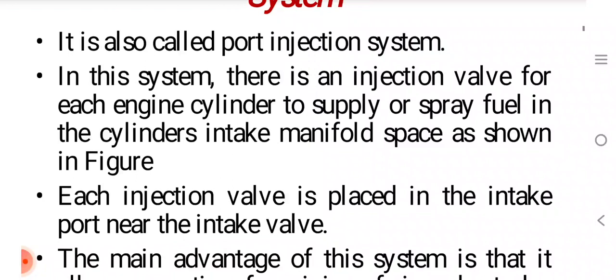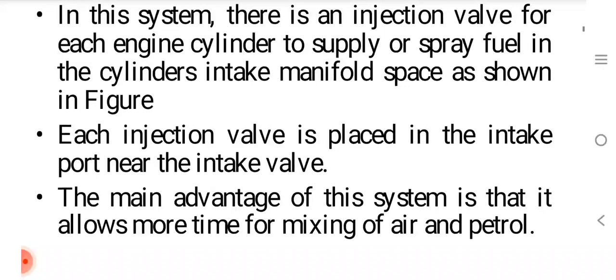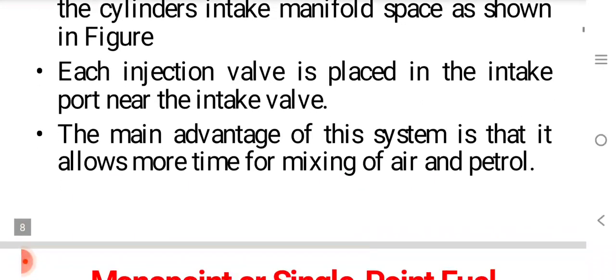In this system, there is an injection valve for each engine cylinder to spray fuel in the cylinder's intake manifold space, as shown in the figure. Each injection valve is placed in the intake port near the intake valve. The main advantage of the system is that it allows more time for mixing of air and petrol.